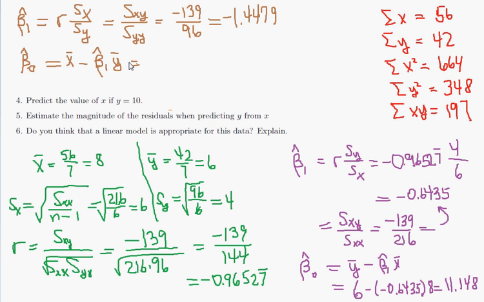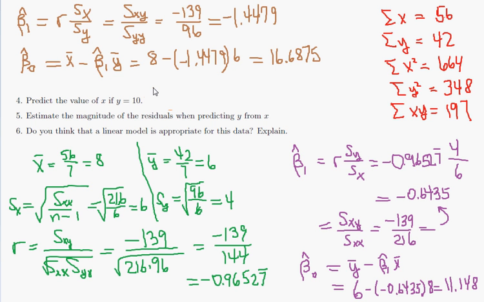So that'll be equal to the average of x, which is 8, minus negative 1.4479 times the average of y, which was 6. And so doing the arithmetic, this works out to be 16.6875.